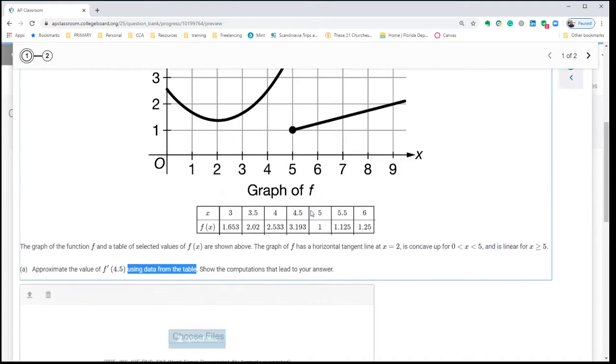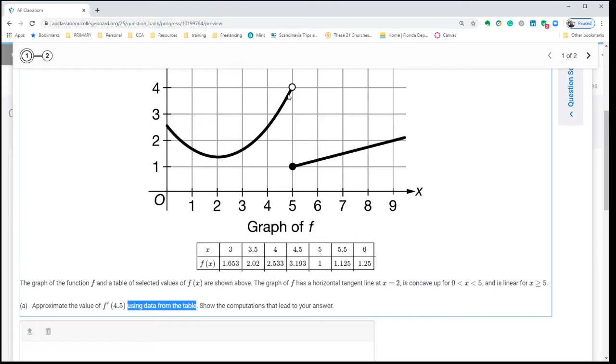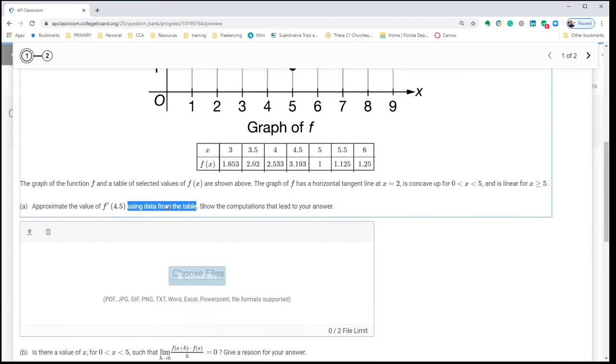And this is what caught me, because I'm like, oh, well, I know I can do the limit as x approaches 5, right? I know where that goes. So the best estimate would probably be the average of f of 4 and f of 5 for 4.5. But it says use data from the table.